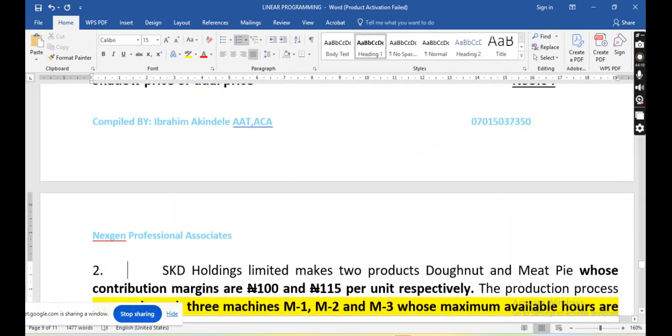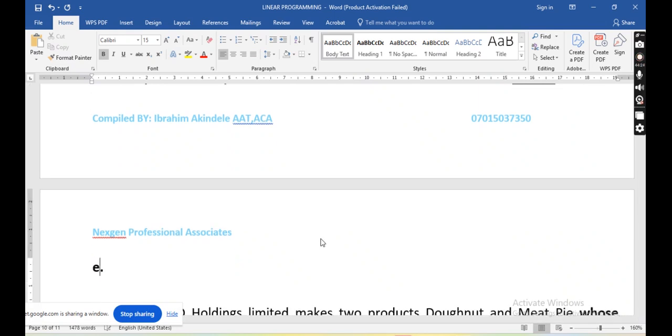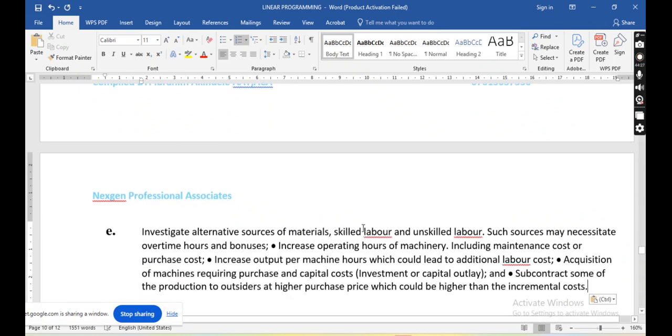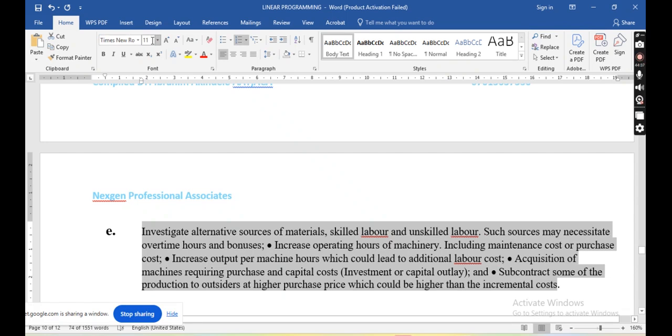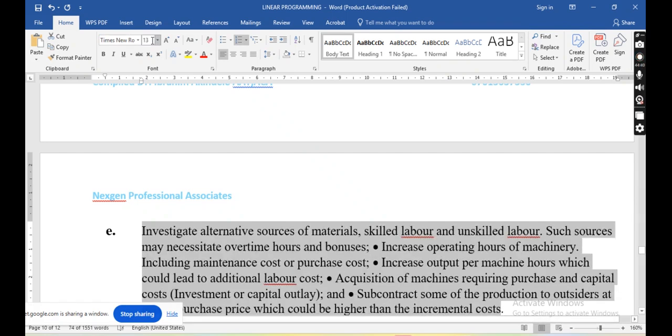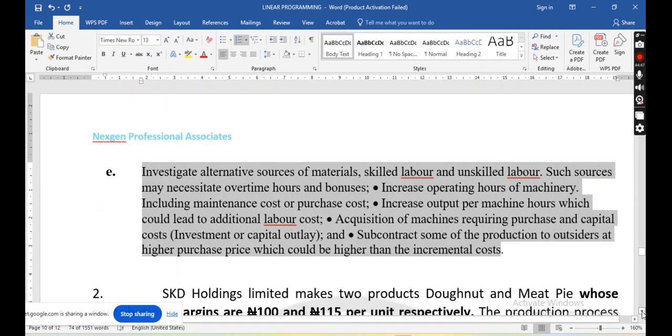But let me put something down here. Part E, right? So how can they overcome the constraints? They can do that by investigating alternative sources of material. They can seek another source, such as more supplies, overtime hours and bonuses, right?